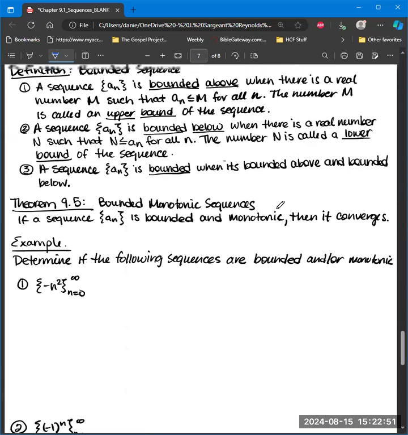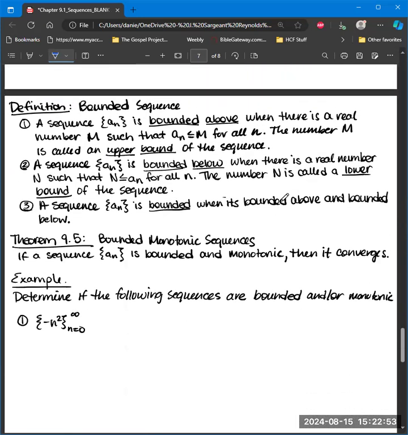Now let's talk about what it means to have a bounded sequence. We're about to get a theorem that talks about a monotonic bounded sequence, so we have to define monotonic, and we need to talk about what bounded is. A sequence a sub n is bounded above when there is a real number M such that a sub n is less than or equal to M for all n. Think of big M as a maximum. The number capital M is called an upper bound of the sequence.